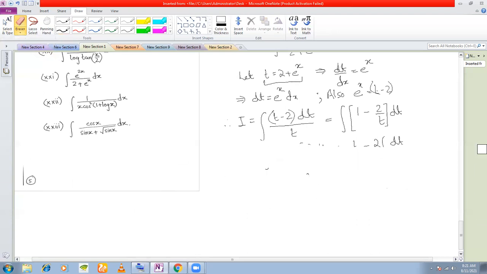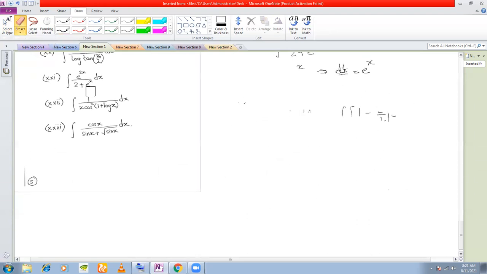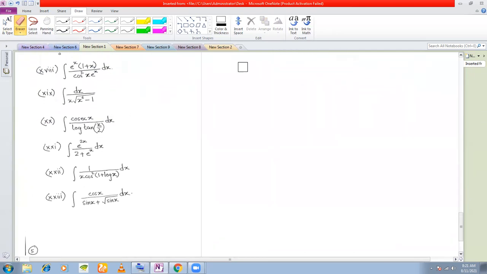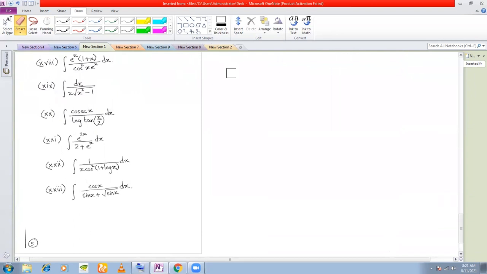Moving on to the next one. Number 22. Say let I is equal to integral 1 by x cos square of 1 plus log x dx.